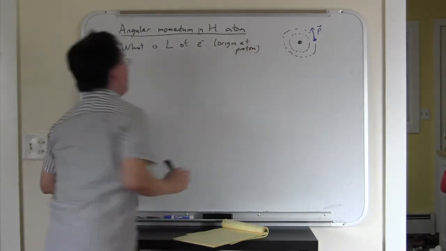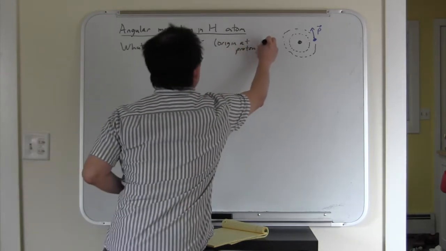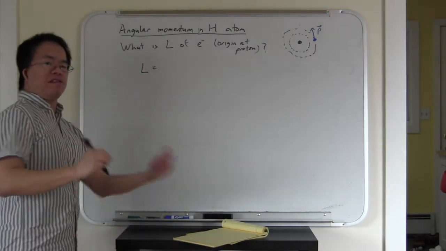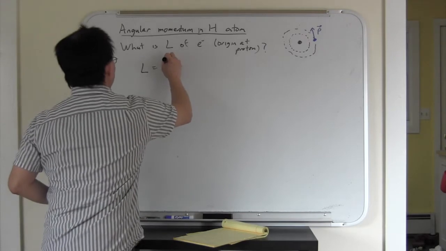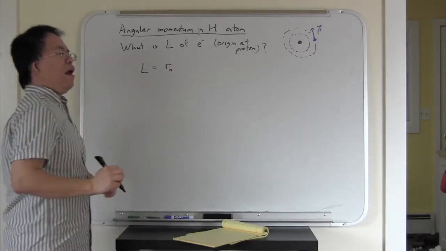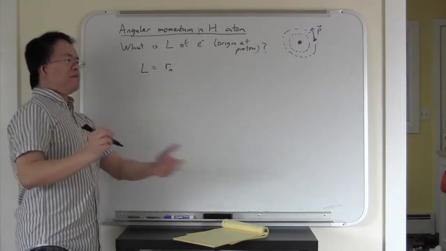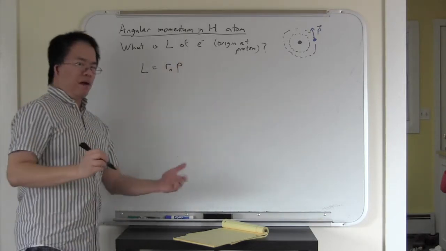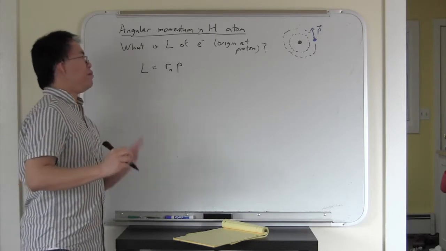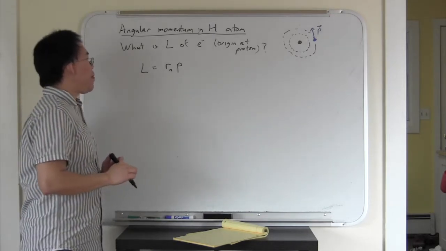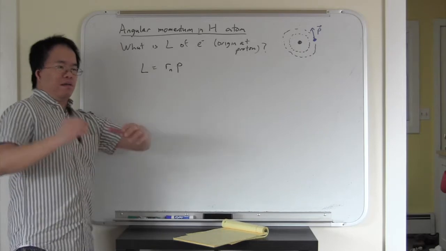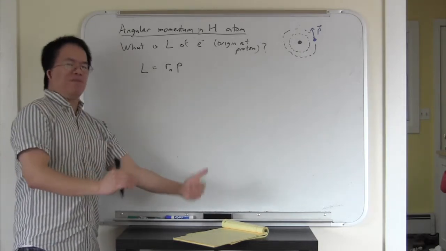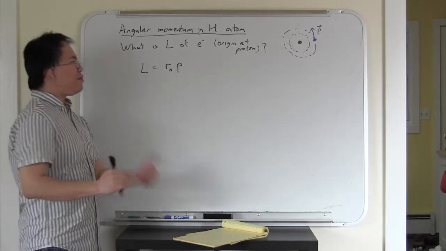Okay. We're assuming a circular orbit here, right? So the radius of the orbit stays constant. So we have just r sub n. The momentum, that's just going to be the magnitude of the momentum of my electron, which is going to depend on which orbit it's in. So formally, you know that a cross product goes like magnitude of A times magnitude of B times the sine of the angle between them.